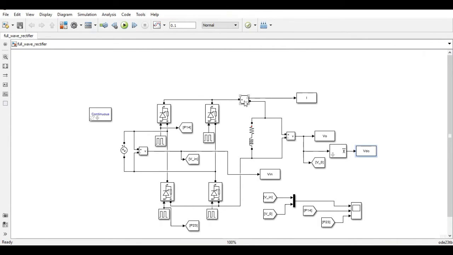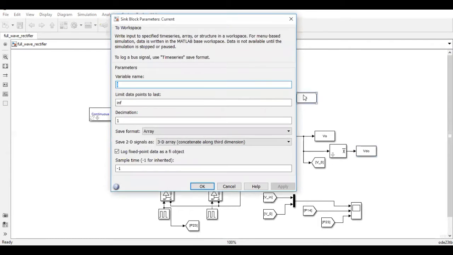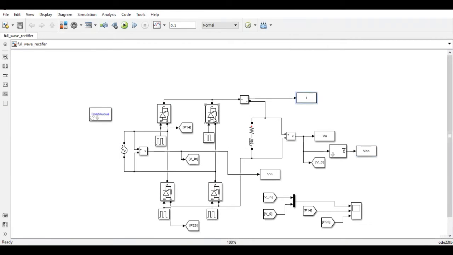We have connected an ampere meter in series with the load, and we can plot our current waveform from here. We can also plot the voltage waveform over here. So these are the workspaces, and these are the settings of the workspace. So when we run this file, all of these variables will be stored into the MATLAB workspace, and they can easily be plotted after that.